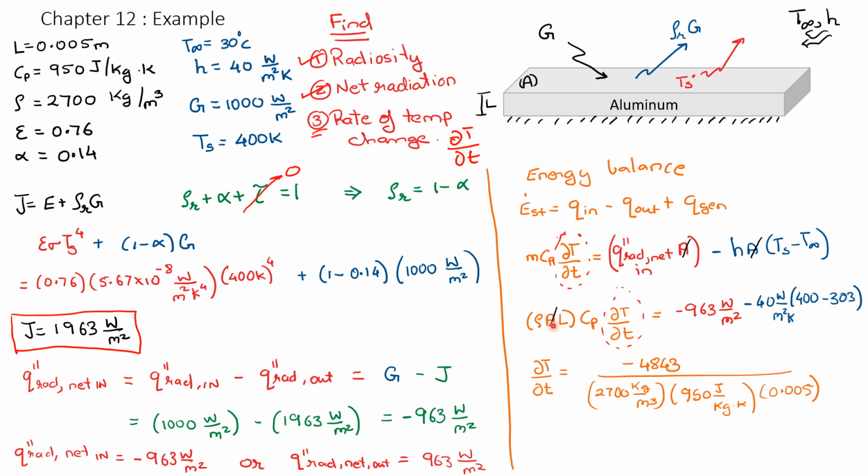So this gives us, and we'll take the rho into L into Cp to the denominator of the right hand side.